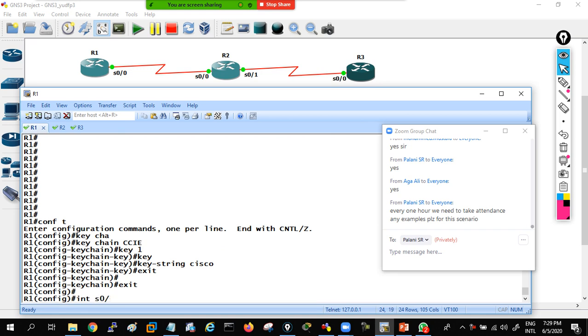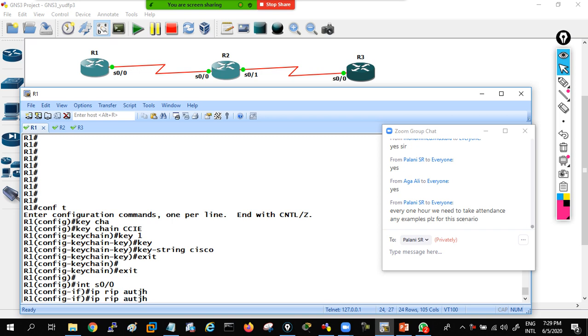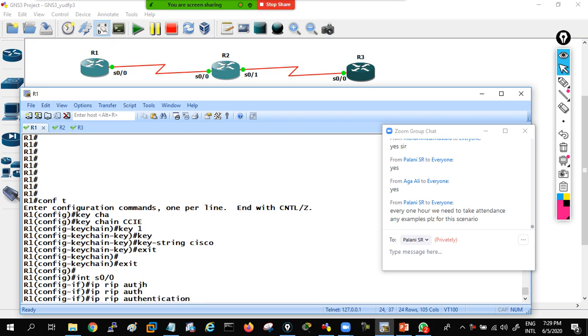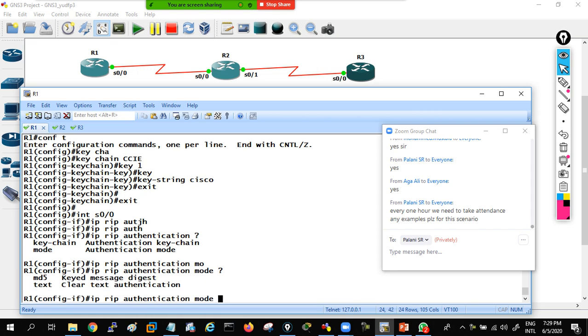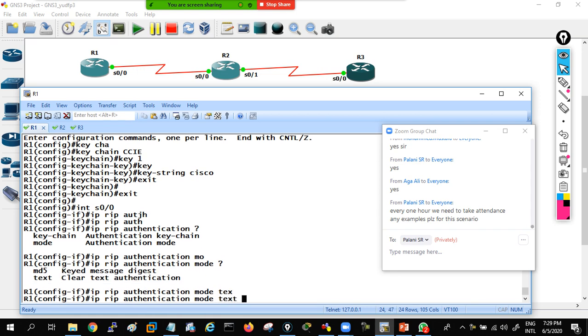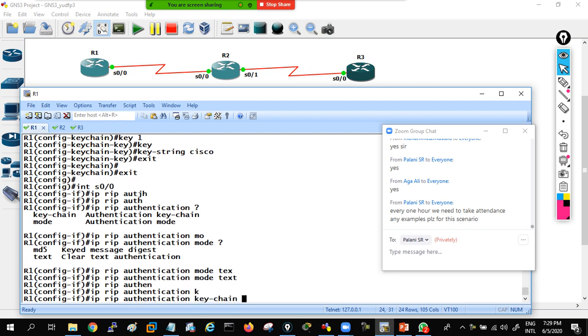Interface serial 0/0, ip rip authentication mode. Let's say text, I don't want MD5. Then after that, ip rip authentication key-chain CCIE. There you go.